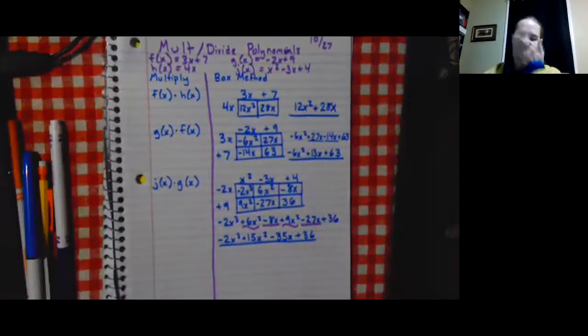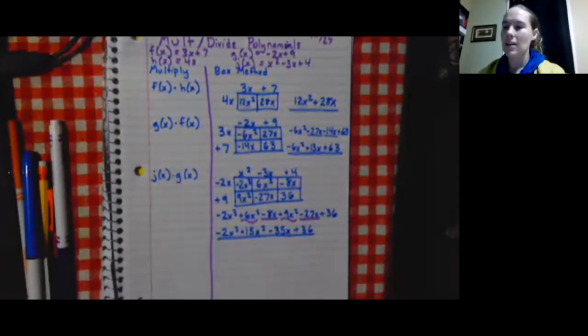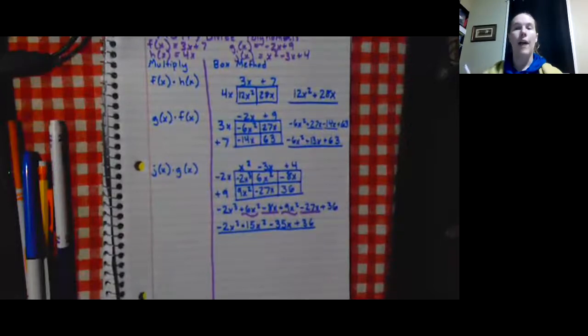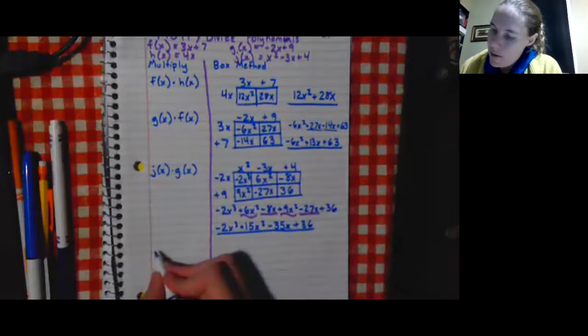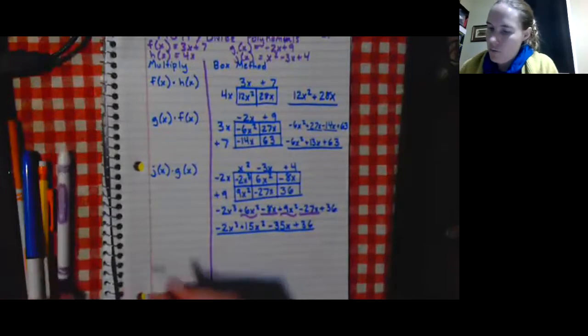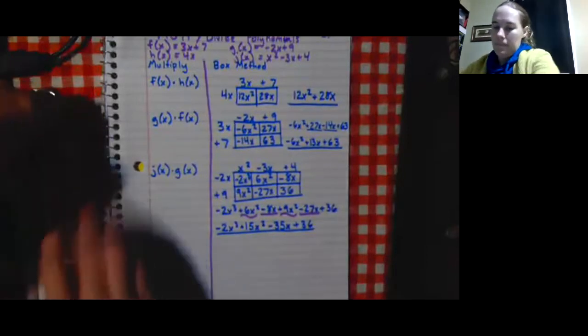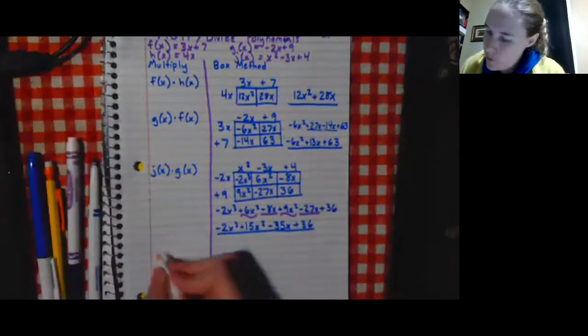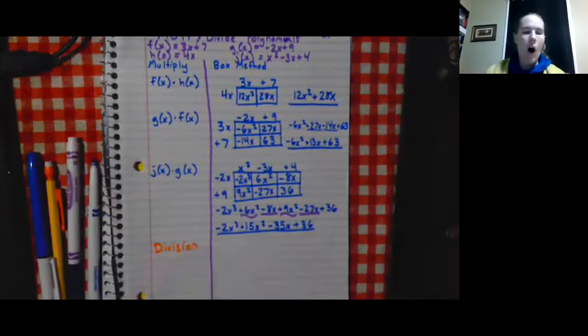The last thing I want to talk about is division, and just something super, super quick because we're going to learn how to divide later in another unit. So for division, right now, all I want to do is show us how we would write it.